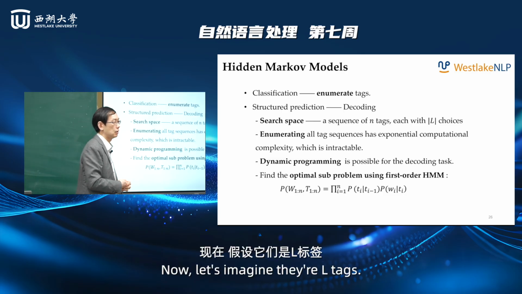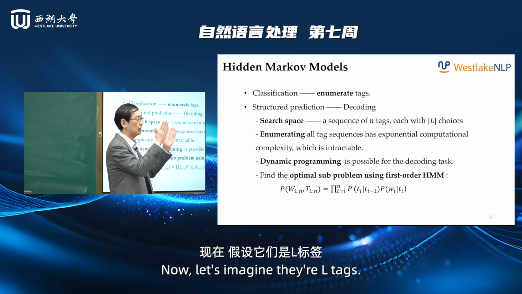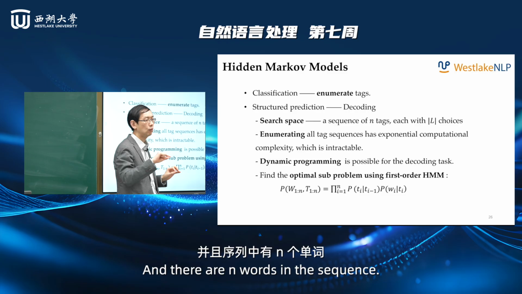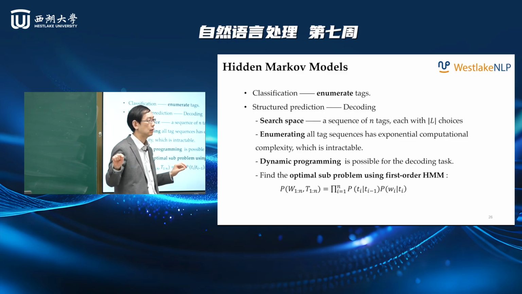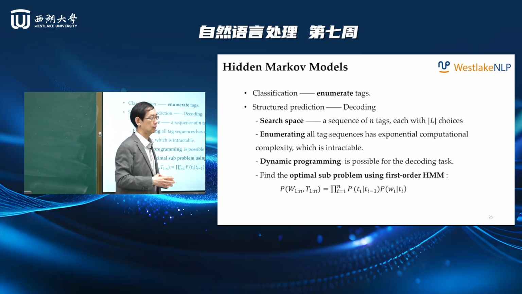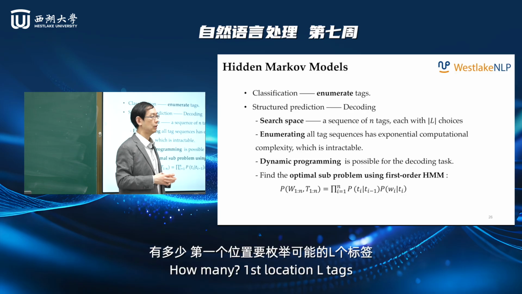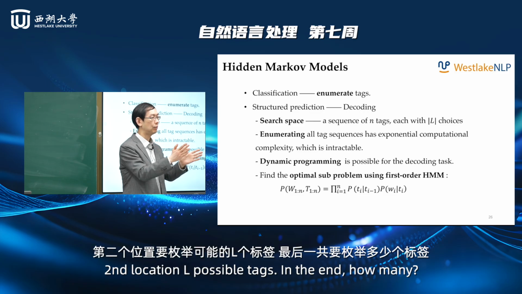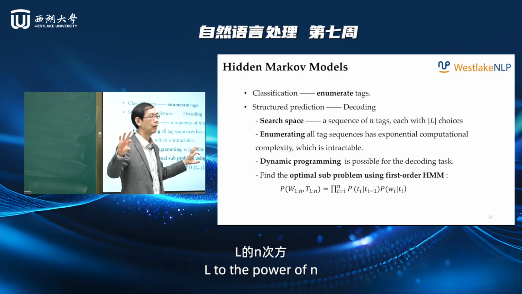Now let's imagine there are L tags and n words in the sequence. My first question is, how many tag sequences do you enumerate? First location, L tags. Second location, L possible tags. In the end, how many? L to the power of n.